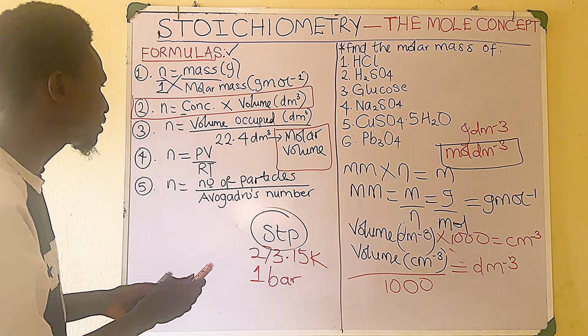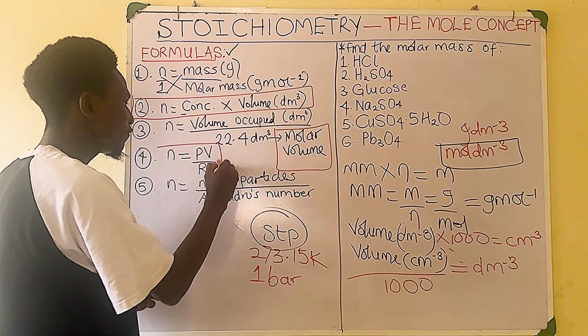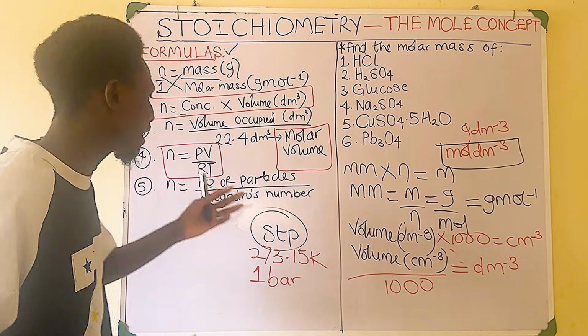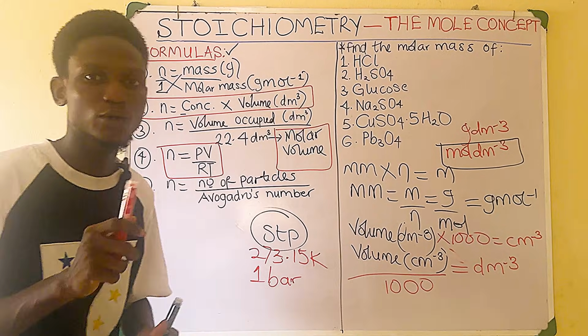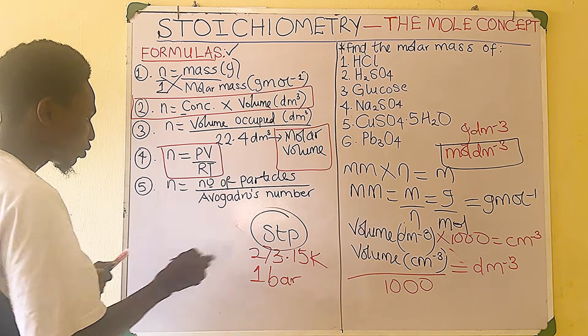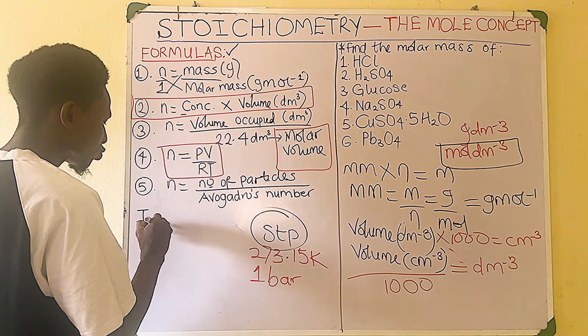Then the next one is n equals PV over RT. If you are conversant with the gas laws, you should know that this formula is related to the ideal gas equation.